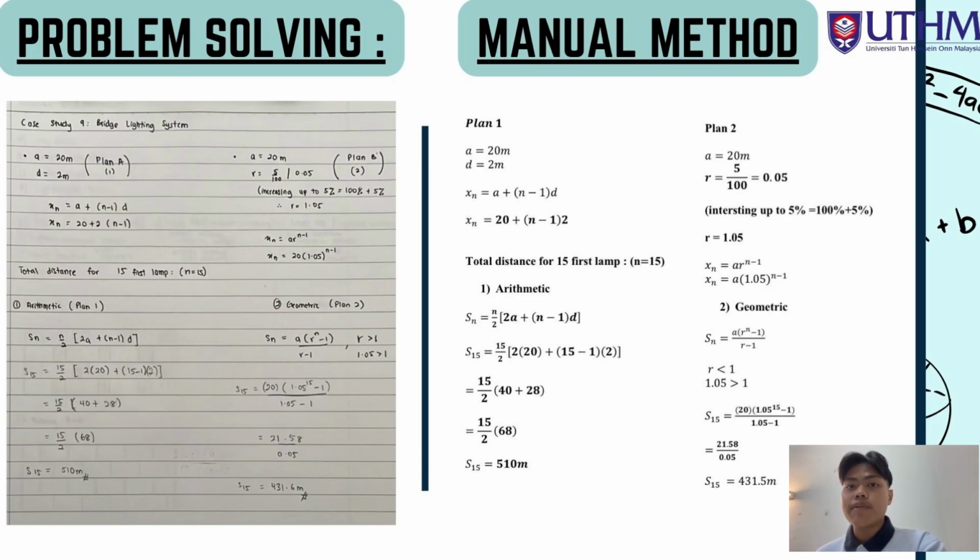So the sum of 15 terms is equal to 20 times (1.05 to the power of 15 minus 1) over (1.05 minus 1). We get 21.58 over 0.05, and the answer for the geometric progression sum of 15 terms is 431.6 meters.